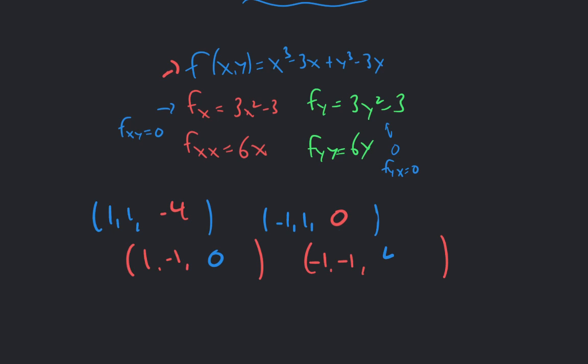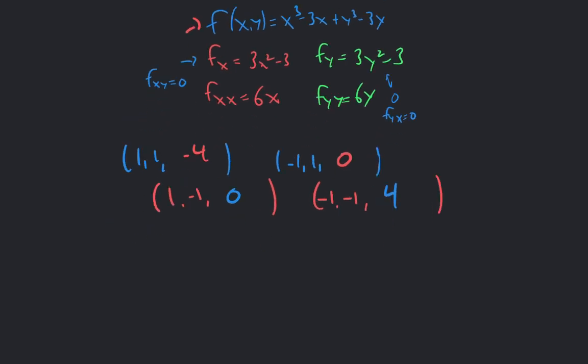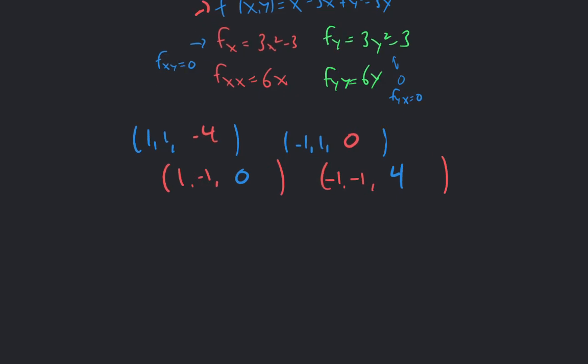So this is just going to be 4. So these are going to be our 4 points that we're going to be looking at. I didn't really need to find their function values, but I did just for fun.